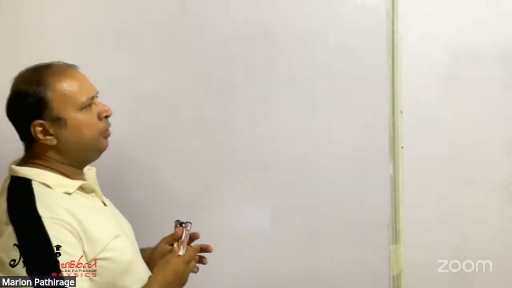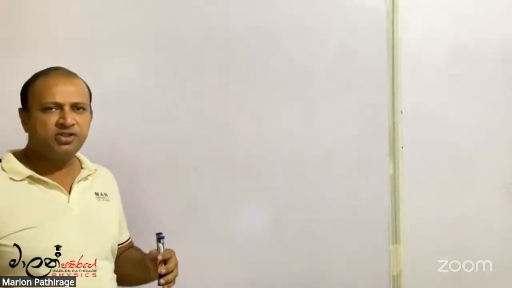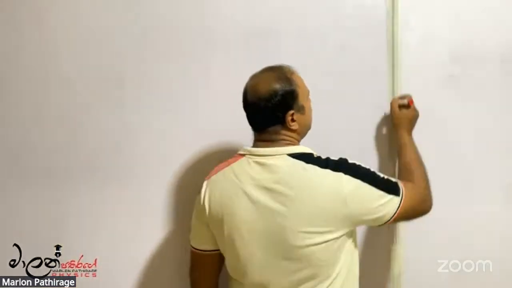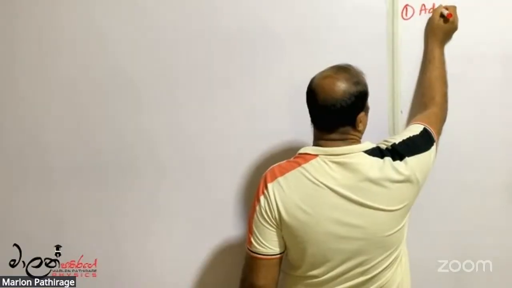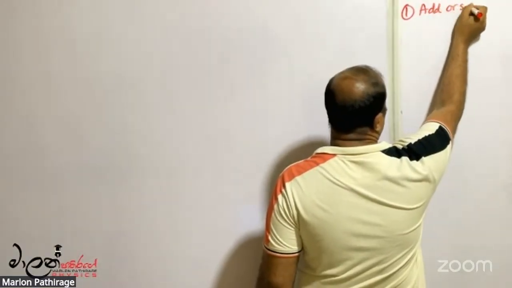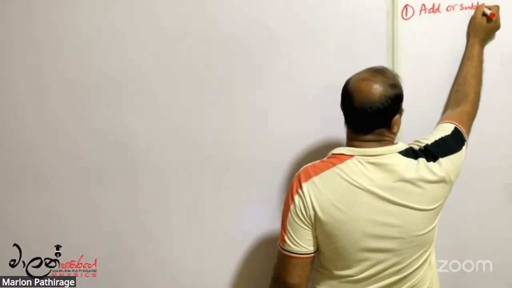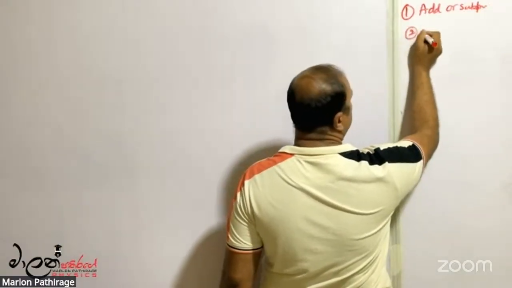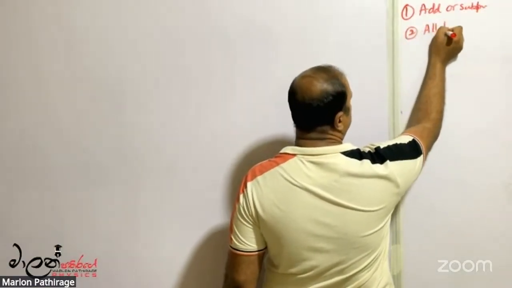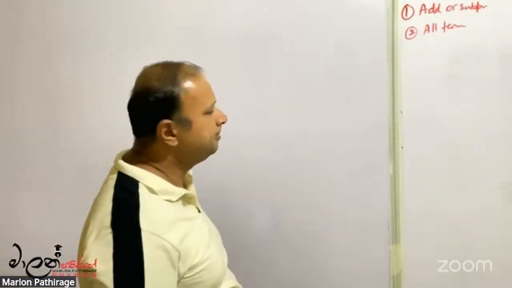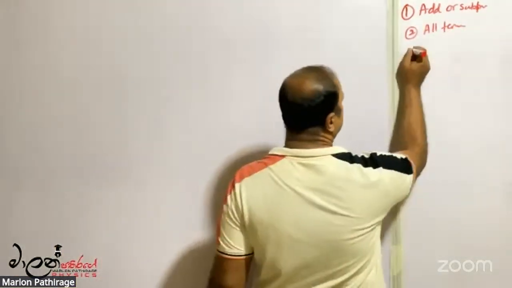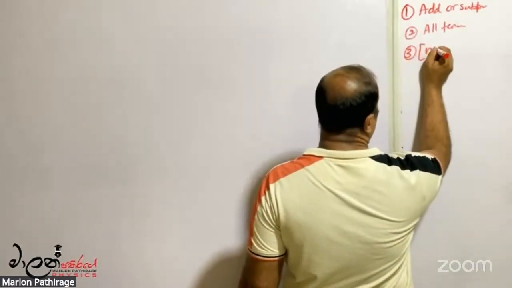Okay, now we have discussed 3 rules in dimensional analysis. The first rule is addition or subtraction. The second is that all terms in an equation should have the same dimension. The third is the dimension of a number.